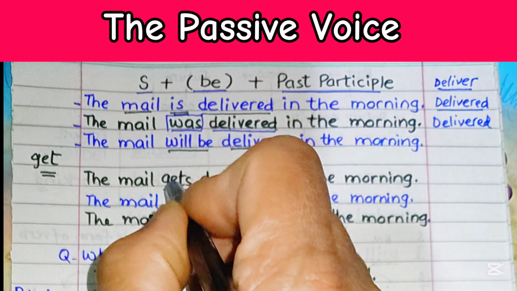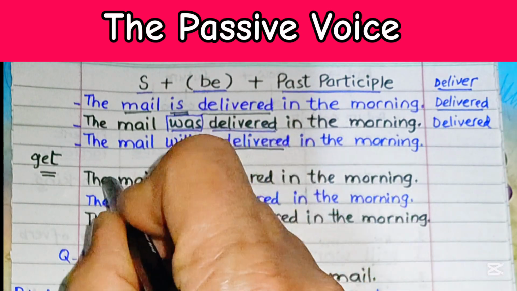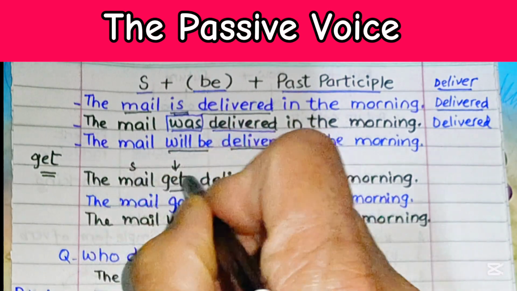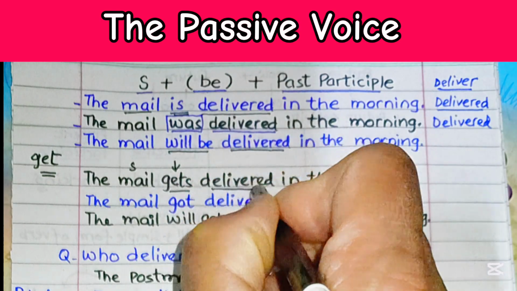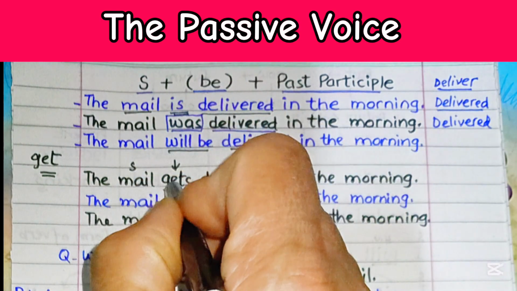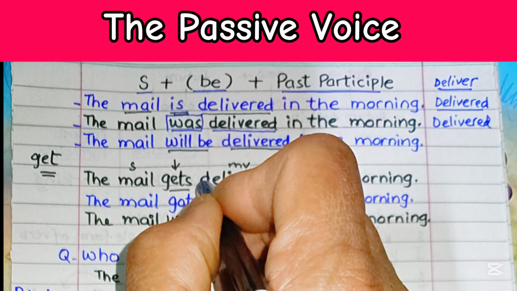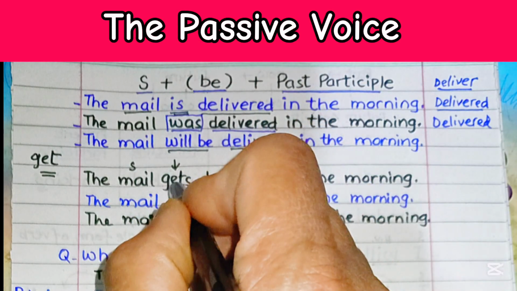That's why through this verb gets, we come to know that the mail is the subject, then this is the verb, gets delivered. This is the main verb over here. The mail gets delivered in the morning. This would be the present tense.